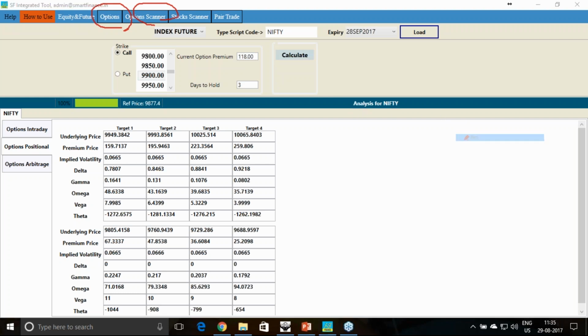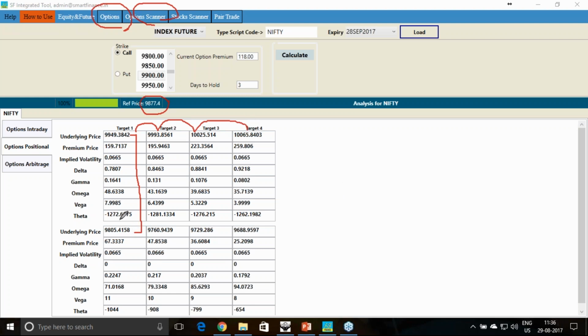This information says that currently you are at 9877. From here, in a 3 days period, your first expectation for this Nifty will be either 9805 or 9849. Once it crosses 9849, it may go for the 9994 level. Next will be 10,025, next will be 10,066.